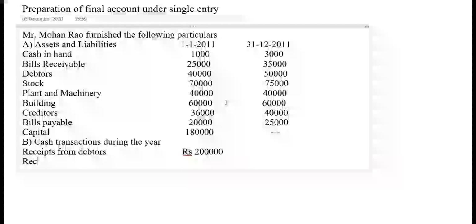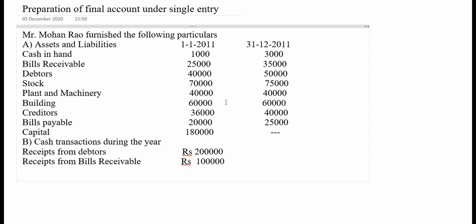Then receipts from bills receivable rupees 1 lakh. Payments: salary 10,000 rupees. Then wages rupees 15,000.